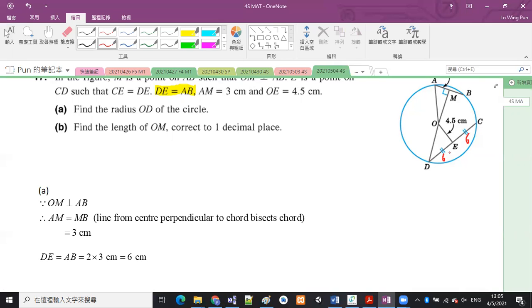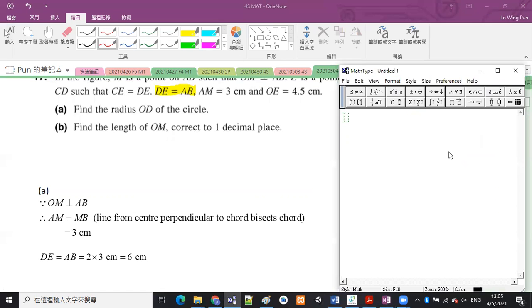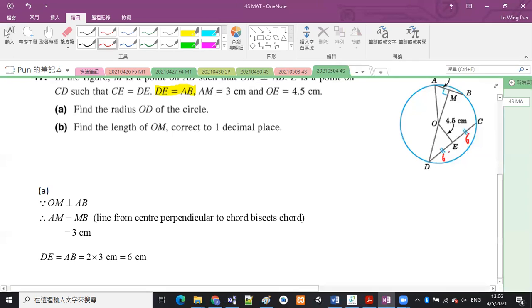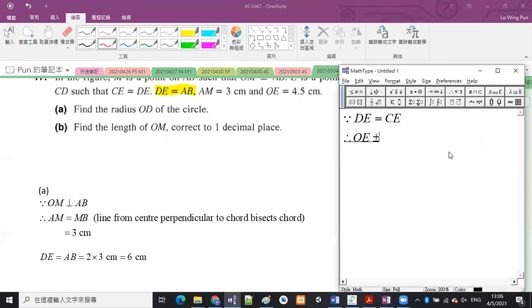We have to state it. So we have because DE is equal to CE, therefore we can conclude that OE is perpendicular to CD.